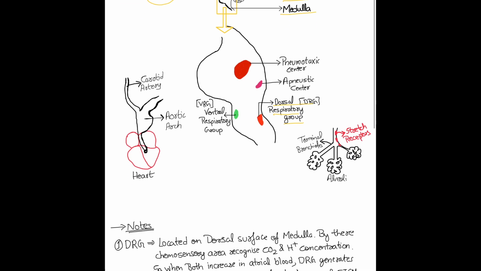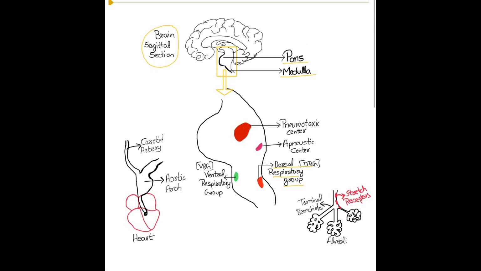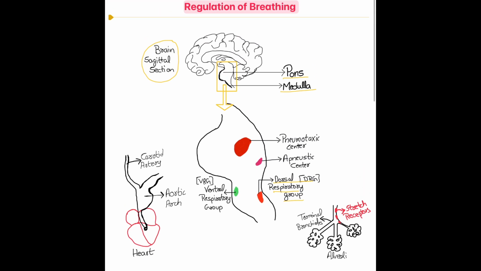I have written some notes also here, as you can see. So the main respiratory rhythm center is the dorsal respiratory group. So what does it do? The chemosensory area of this respiratory group, DRG, is involved in normal breathing.